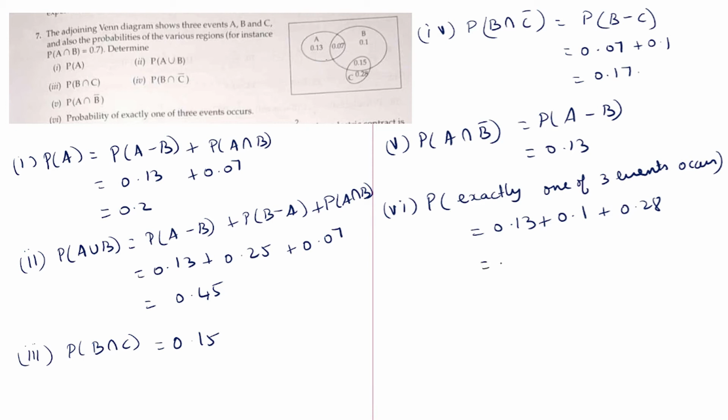When we add all these, we get 0.51. So any one of the three events occur means either this or C alone. So it is 0.13 plus 0.1 plus 0.28, which is 0.51.